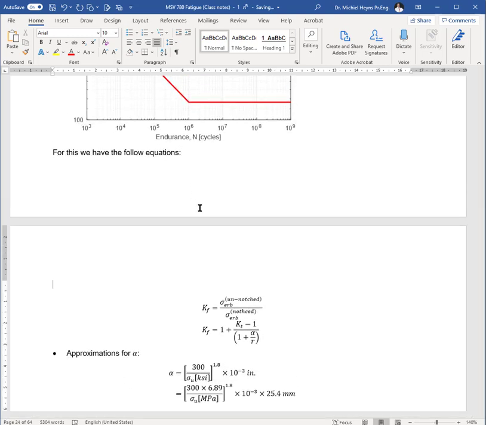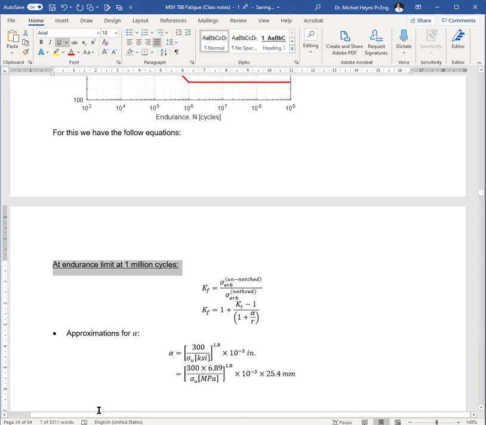So first thing that I'm going to do, at endurance limit, which is also at 1 million cycles. These are the factors that are applicable. Control U. Now let's calculate it.